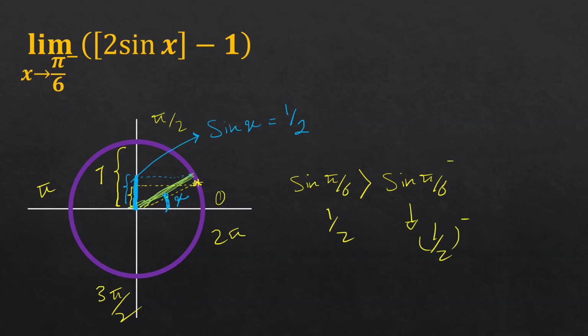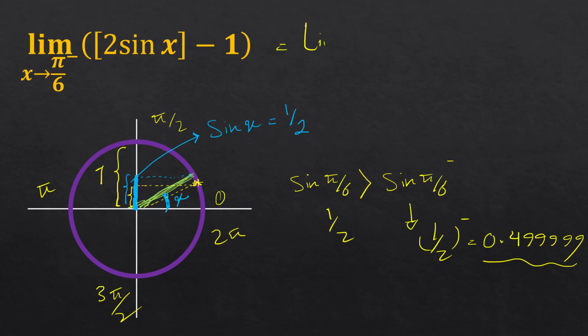Well, 1 over 2 means 0.5. Smaller than 0.5 is something like 0.499999. We know that this is smaller than 0.5. Then I can replace that here.